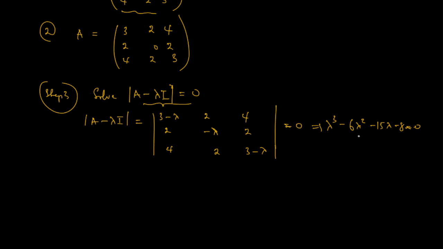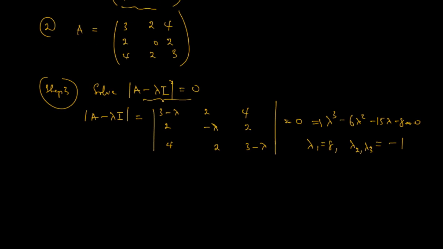So we solve this cubic equation. Now when we solve the cubic equation, we're going to have lambda 1 equals 8, and then lambda 2 and lambda 3 equal negative 1.